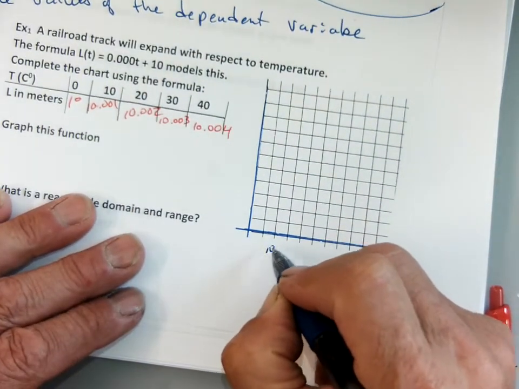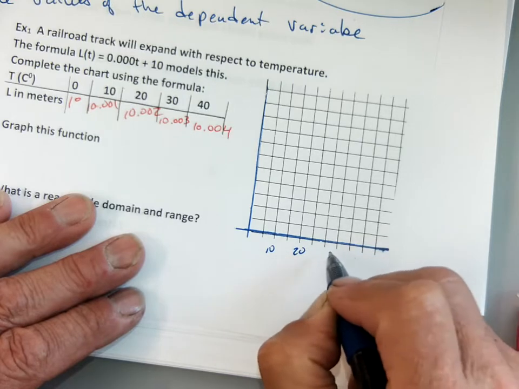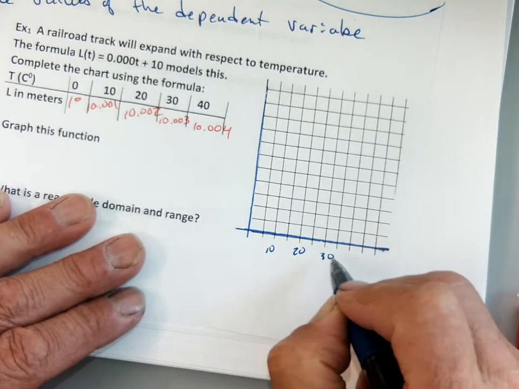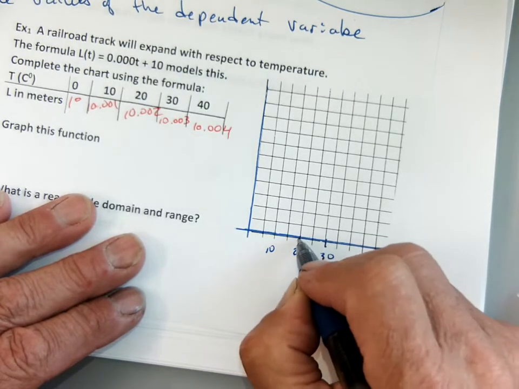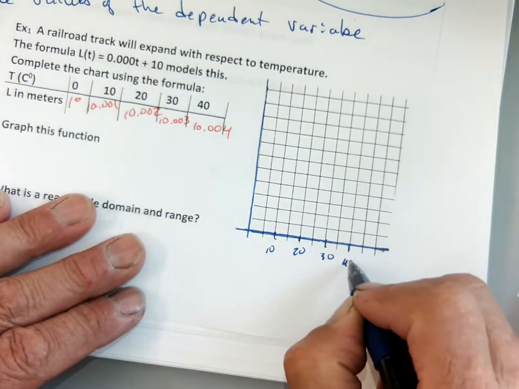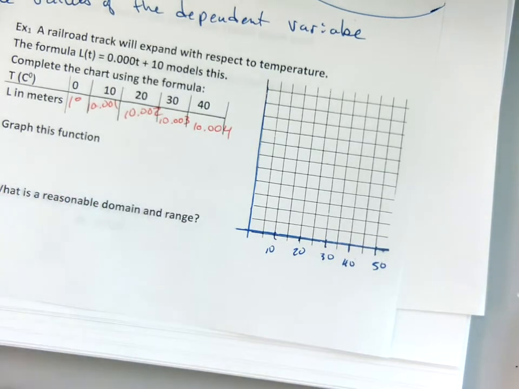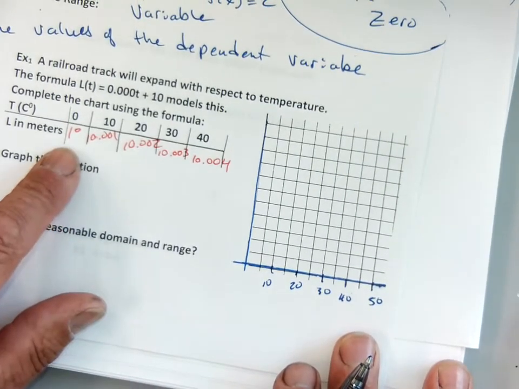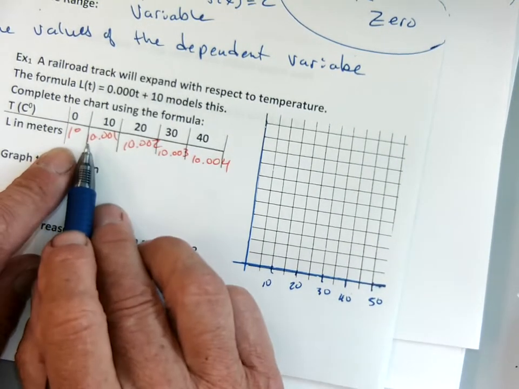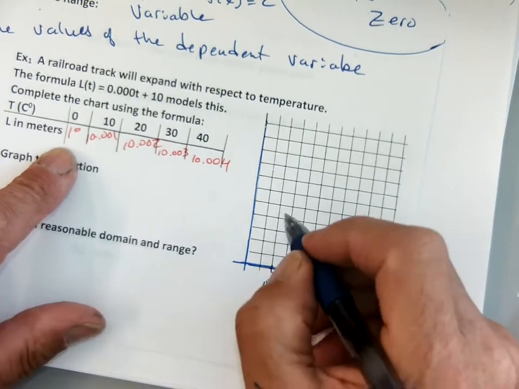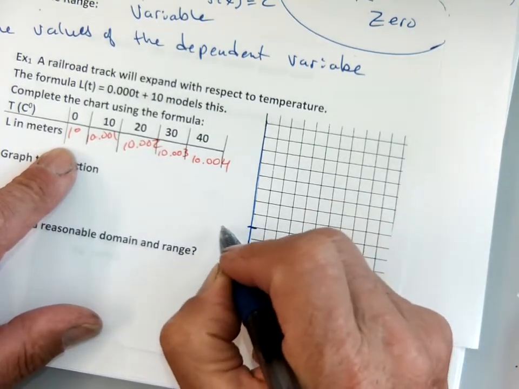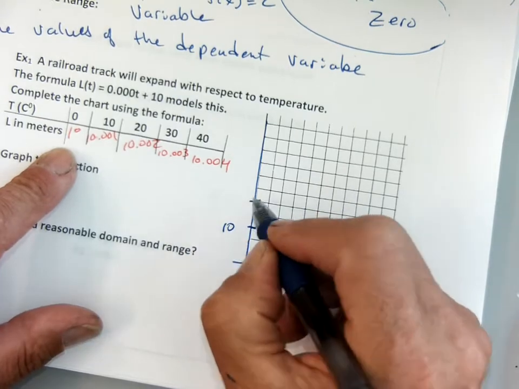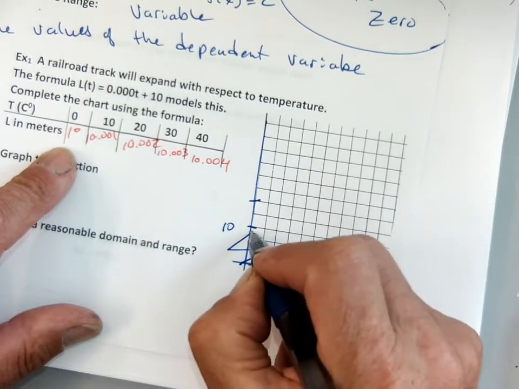I go 10, 20, 30, 40, and 50, right? And this is going to be very strange because how are you going to graph these? Well, what I'm going to do is start at 10 and go a big squishy.